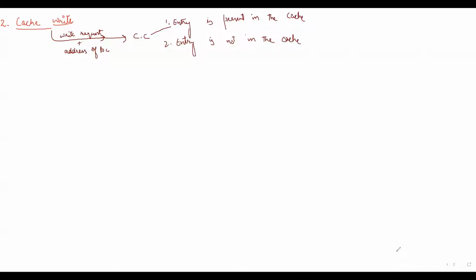Now in the cache hit scenario, it will simply write data at that location. And in the cache miss scenario, first it will read data from the lower level.